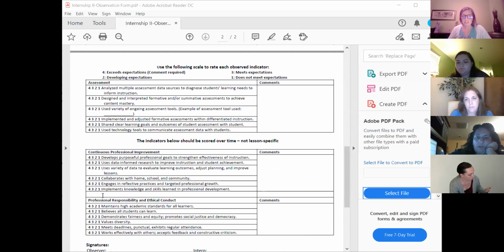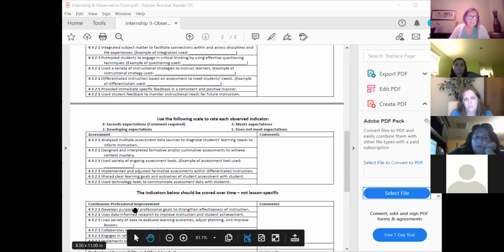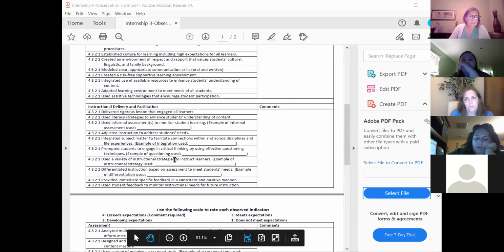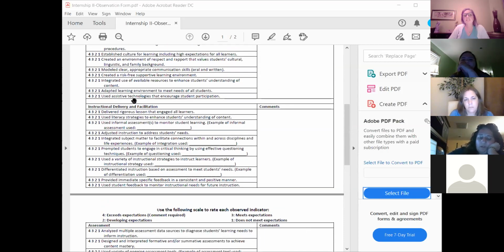So for me, I might just put NA or not score it at all. Your supervising teacher might put NA. Some of these, I don't know, there might be one or two where, used assistive technologies that encourage student participation. You're not going to do that all the time.